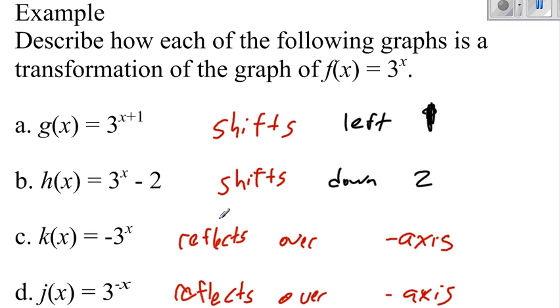A negative in front would flip it, reflect it over the x-axis, and a negative in front of the x would reflect it over the y-axis. So if it's reflected over the x-axis, it would actually look like that.